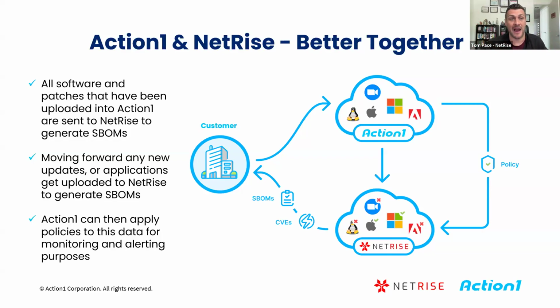And sometimes it'll be benign, right? There's all kinds of potential reasons why this might occur. So then this just becomes part of a continuous process. So now, in addition to getting great patch management from Action1, you're also getting a robust software inventory from the ground up.